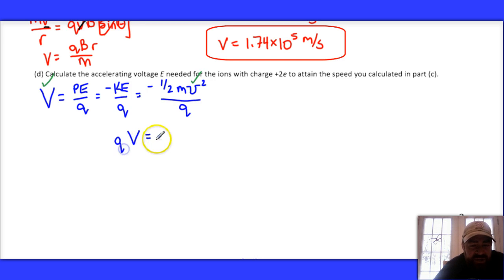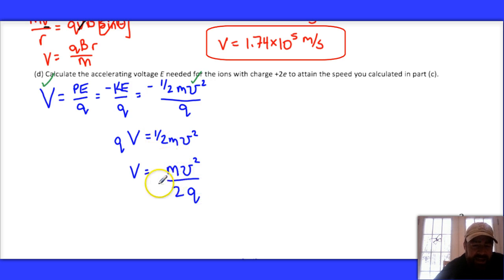I need to multiply both sides by q, and that gives me 1/2 m velocity squared. Okay, so now that I have that, I'm ready to solve for V. I'm just going to divide both sides by q, so that accelerating potential or voltage is going to be equal to m v squared, in this case velocity squared, over 2 times q.